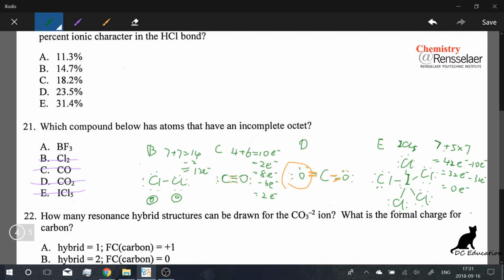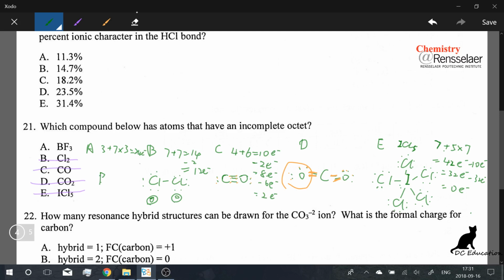And for the last one, from my own experience, boron usually reacts more like a metal instead of a non-metal, so it should be the answer. Let's take a look. Boron has 3, and each chlorine has 7, and there are 3 of them, so it's 3 times 7 plus 3, which is 24 electrons.